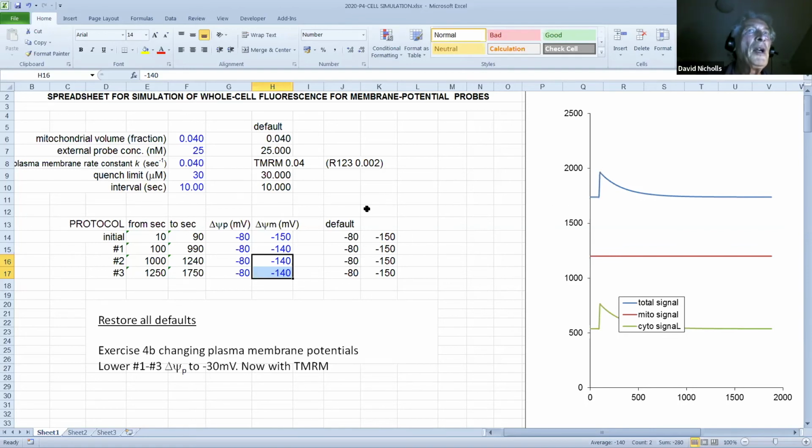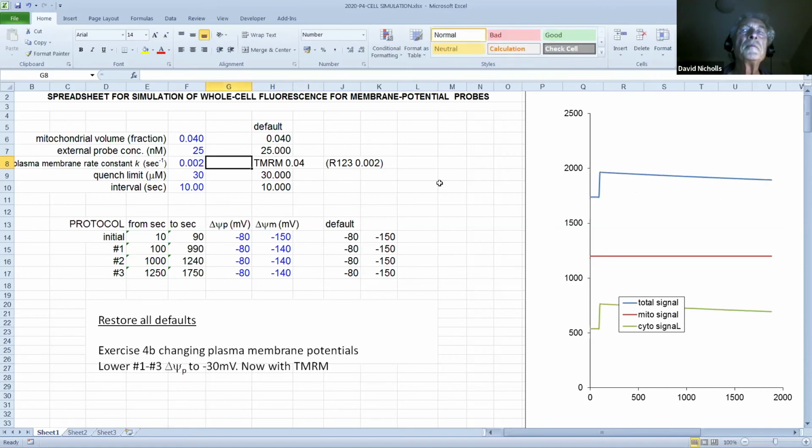If we keep it depolarized and we go to rhodamine 123, the effect is much more long-lasting. But the transients are rapid, and the point is, quench mode is a very sensitive way of detecting rapid changes, even quite small changes during the experiment.